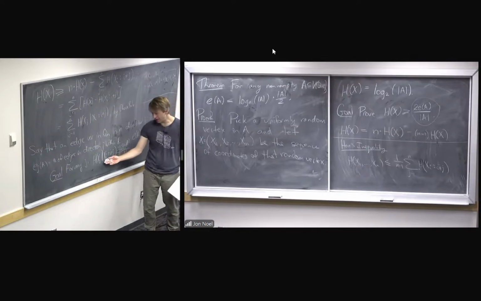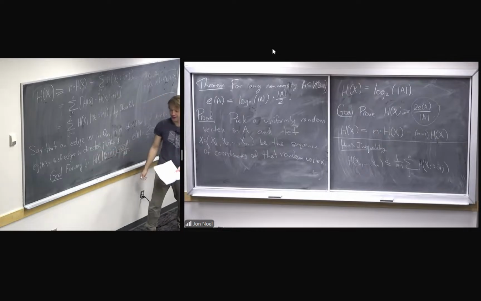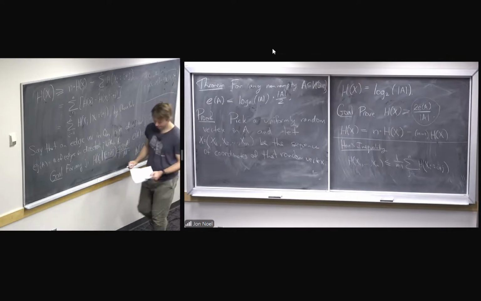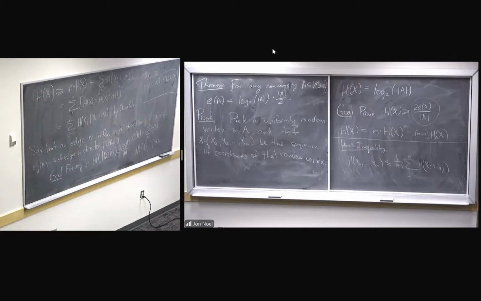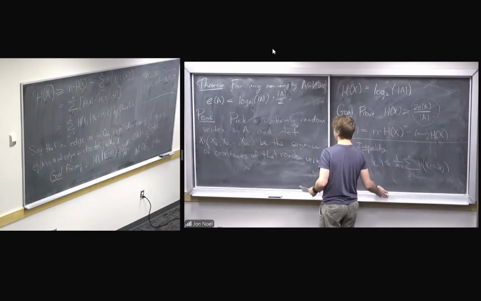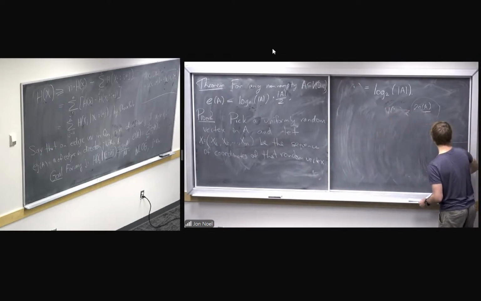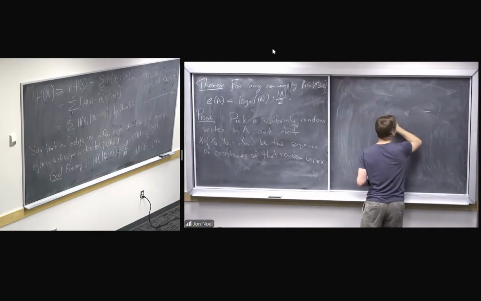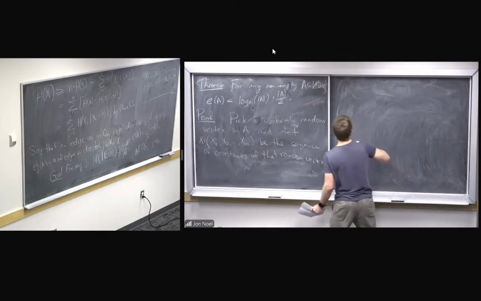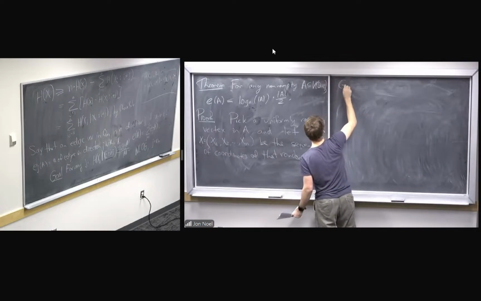It's slightly annoying to keep writing this. I think it's pretty clear that the choice of j doesn't really matter, right? So without loss of generality, let's just assume j is n. So let's restate this again.